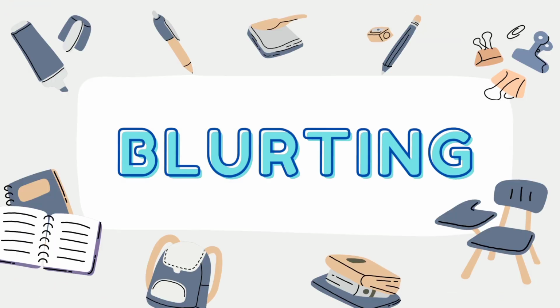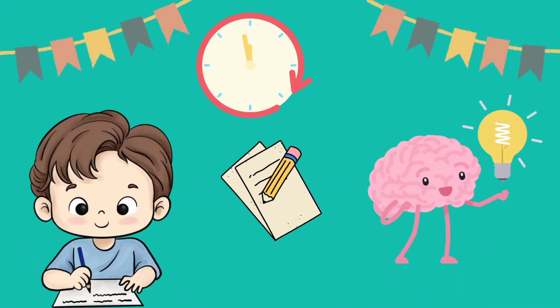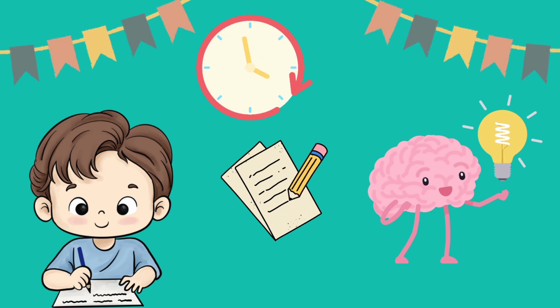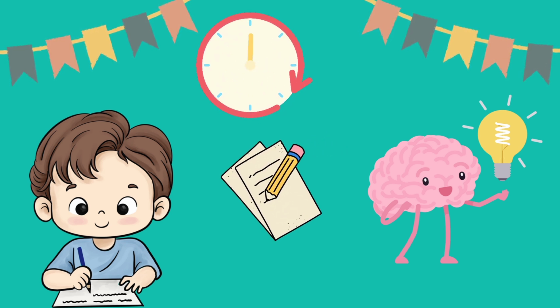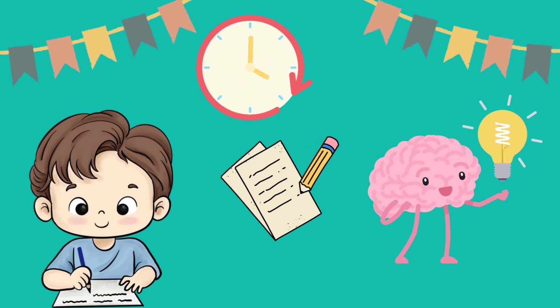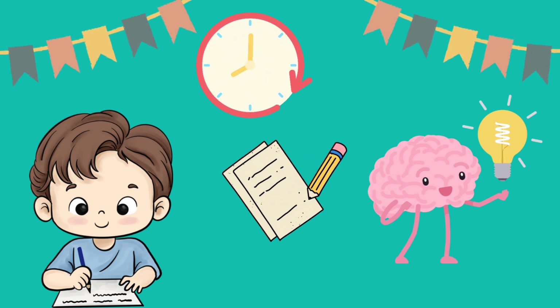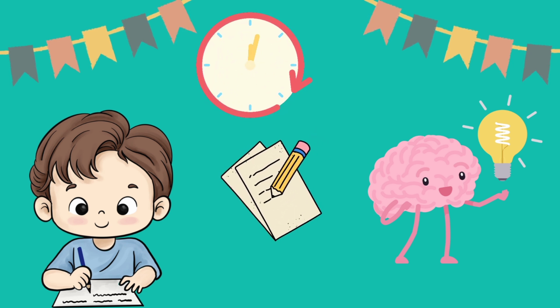Now, next is blurting. Blurting is a type of active recall. It involves writing whatever comes to your mind about that chapter, whatever you recollect, you have to write it on a paper. Don't think of the order, just write what comes to your mind at that moment. It may take some time.